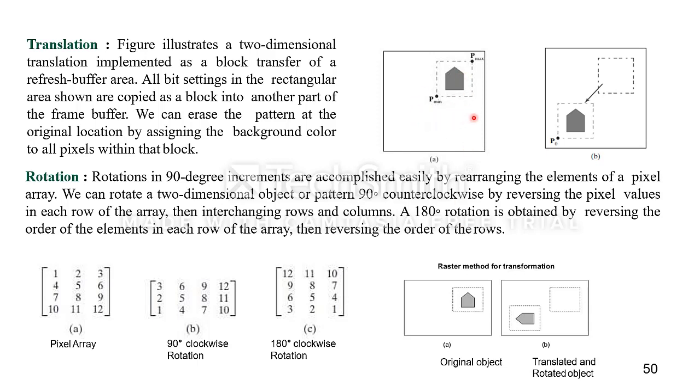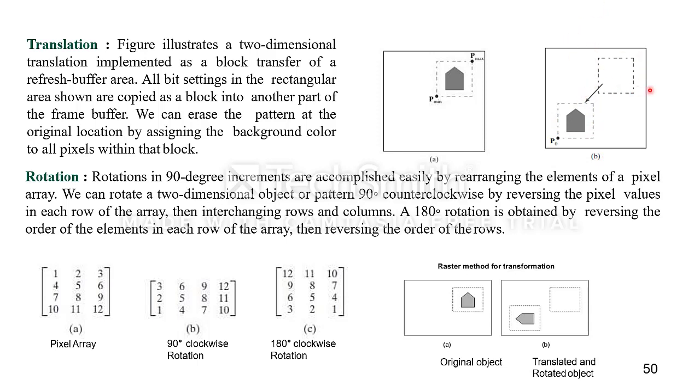So this is a two-dimensional translation implemented as a block transfer of a refresh buffer area. So we are trying to translate this refresh buffer area from here to here. All the bit settings in the rectangular area are copied into another part of the frame buffer.